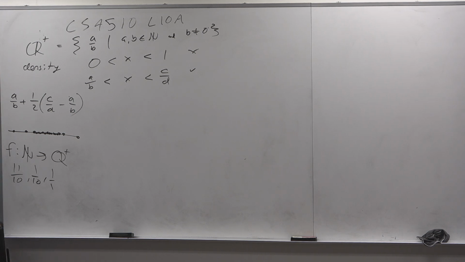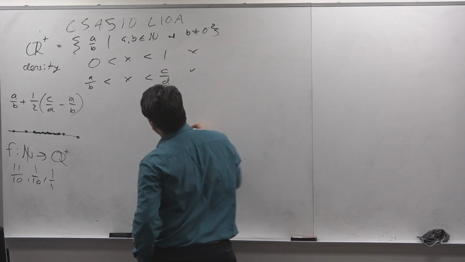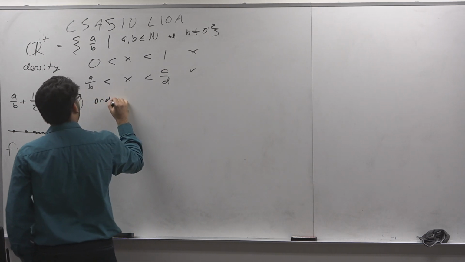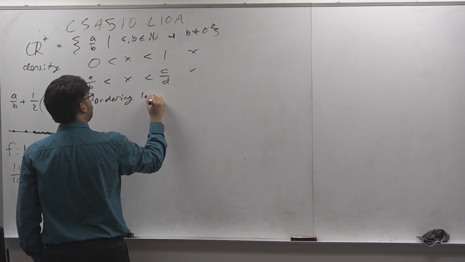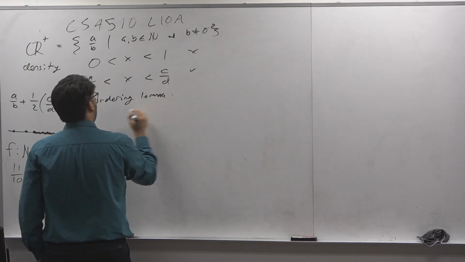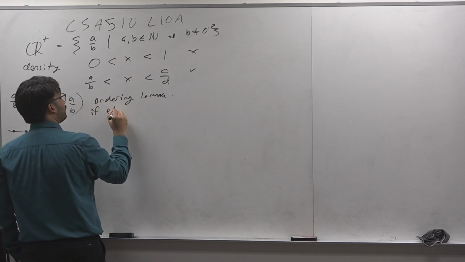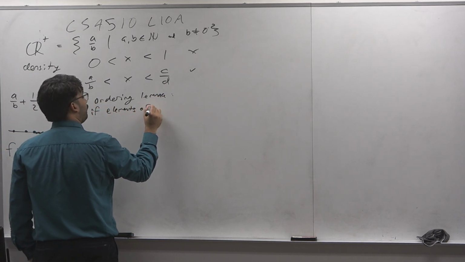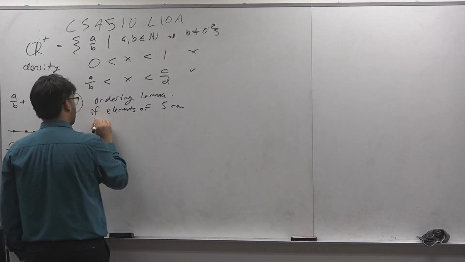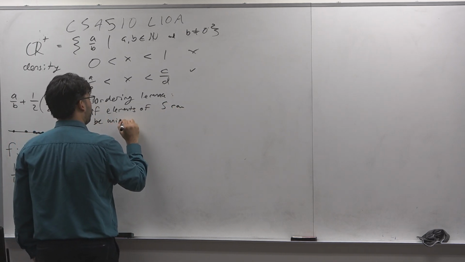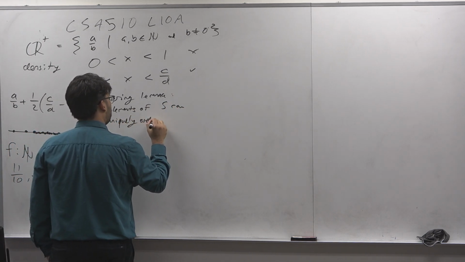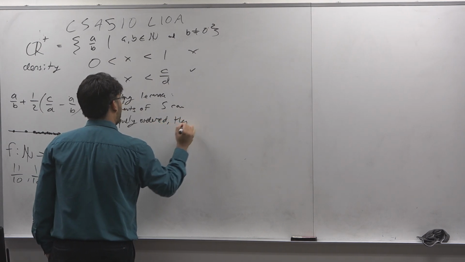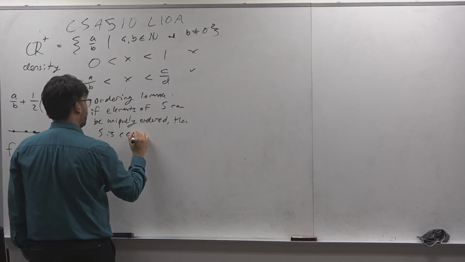First we need a simple ordering lemma. Let's call it the ordering lemma. If the elements of S can be uniquely ordered, then S is countably infinite.